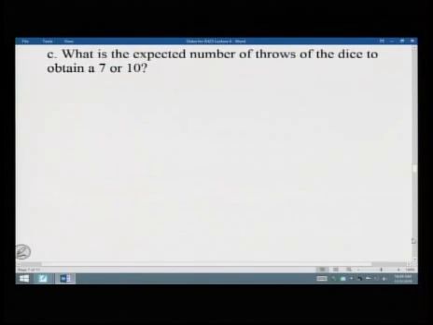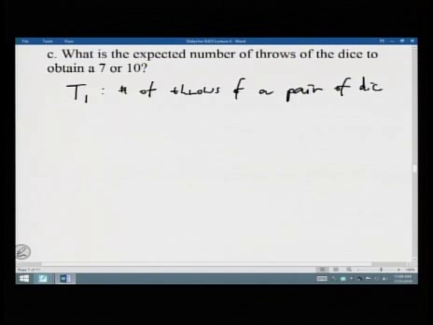Okay, so let me define the random variable first. T sub 1. What is T sub 1? It is the number of throws of a standard pair of dice until the first 7 or 10 is obtained.